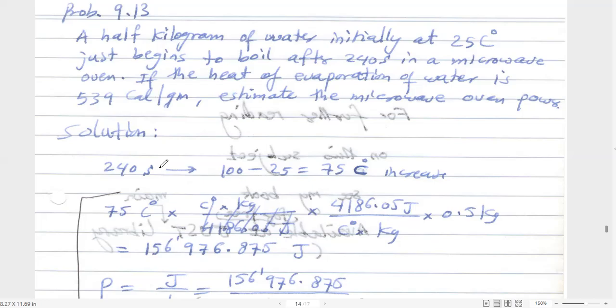Begins to boil means that the temperature is 100. So the temperature difference delta T is 100 minus 25, which is a 75 centigrade increase.